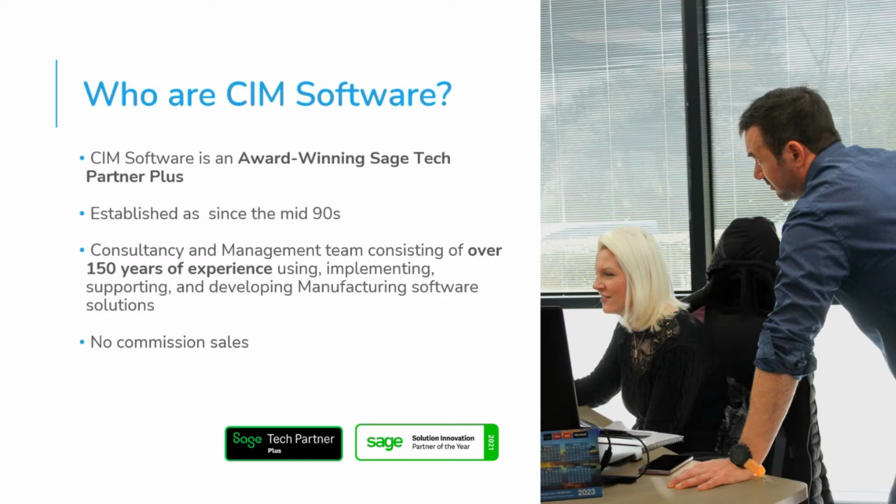So that's what we are, at the highest tier. There can be 1,000 tech partners, but there's only a handful of Sage Tech Partner Pluses, and I literally mean handful, which is 4 or 5 of them in Sage 200.